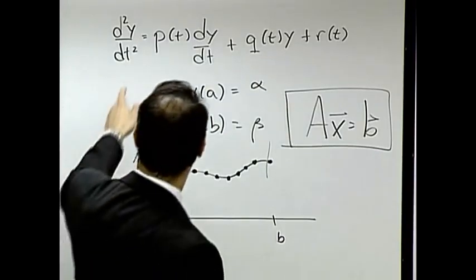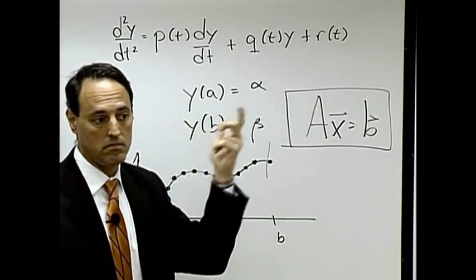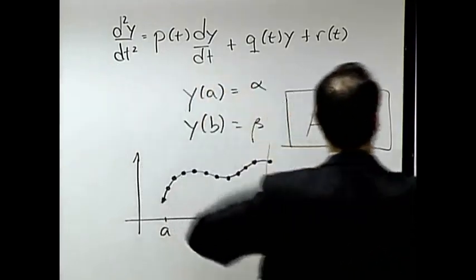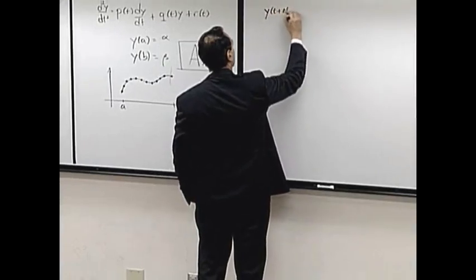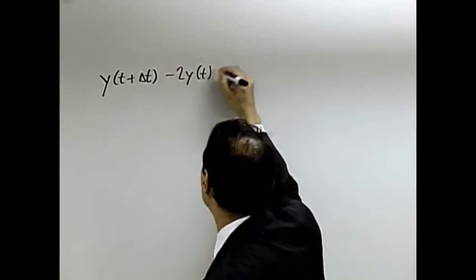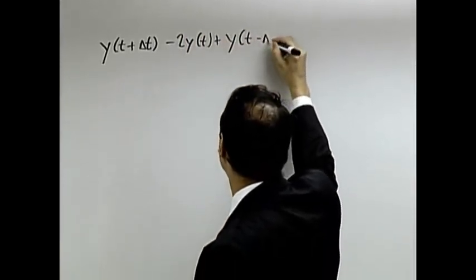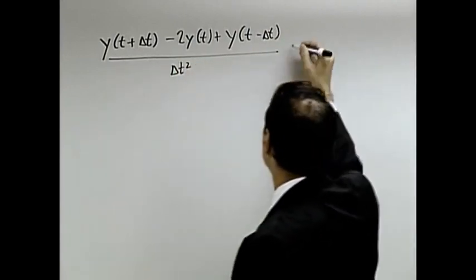So first of all, what I have here, second derivative. All right, big deal, second derivative. Let's write that equation down now in this discretized form. That minus that plus this, all over delta t squared, equals.